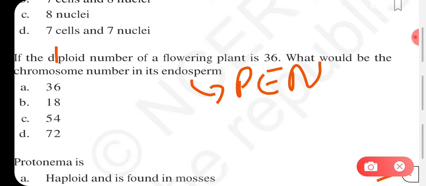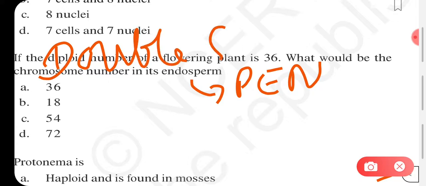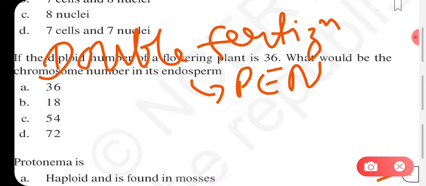Another thing is about double fertilization. You should know what double fertilization is, and why it is called double fertilization. So actually what happens is that through the pollen tube, the two male gametes are discharged, and one of the male gametes is going to fuse with the egg cell.